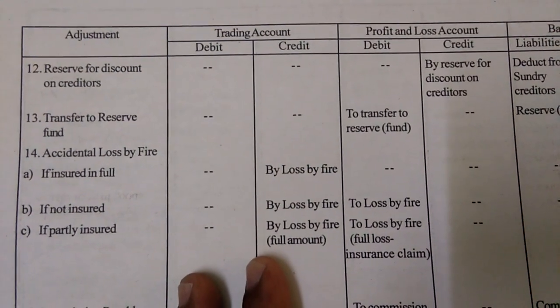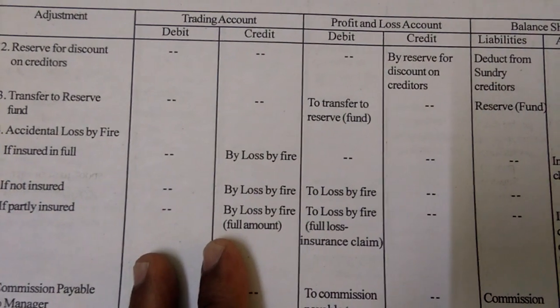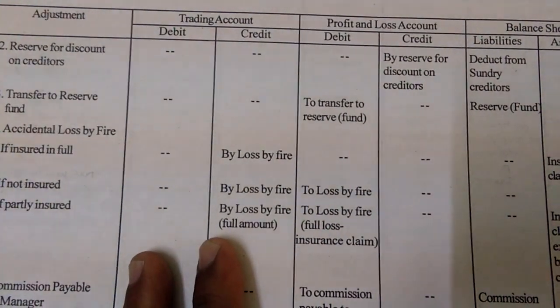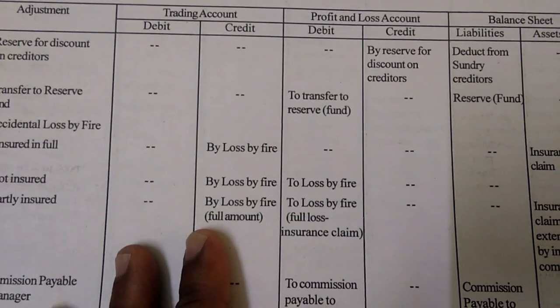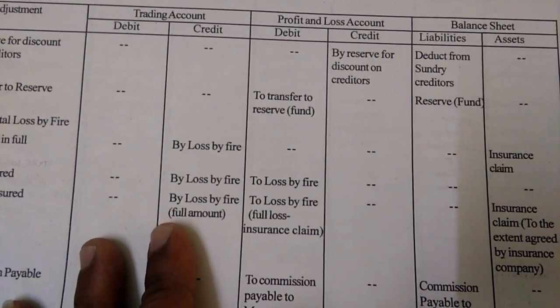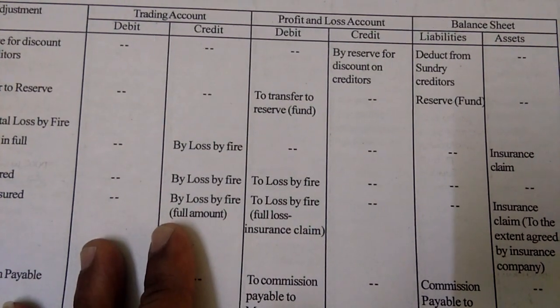Next 12th point, reserve for discount on creditors. This is credit side in the profit and loss account, and shown in the liability side, deducted from the sundry creditors.